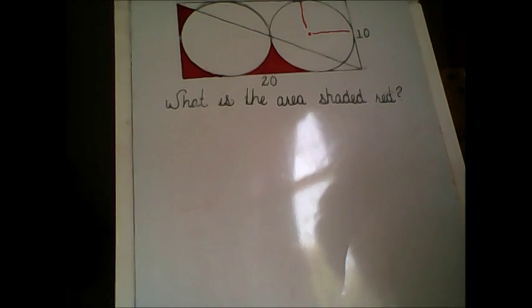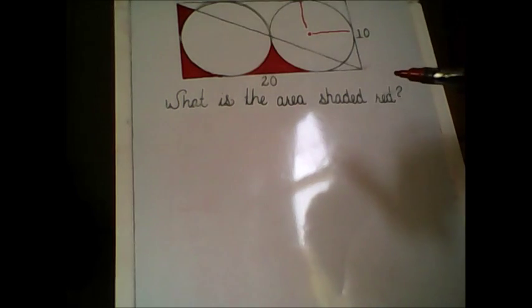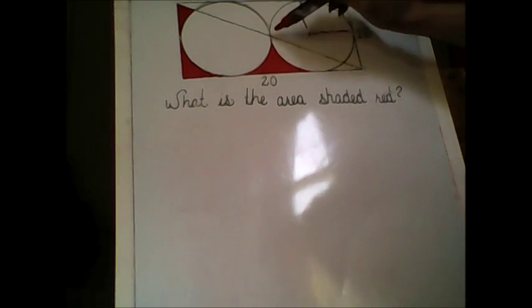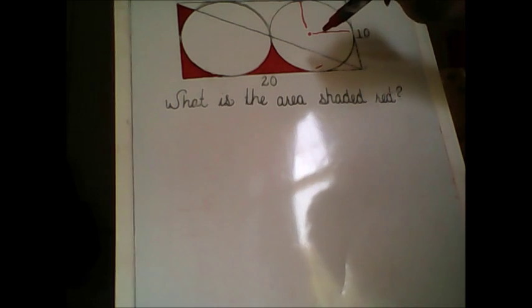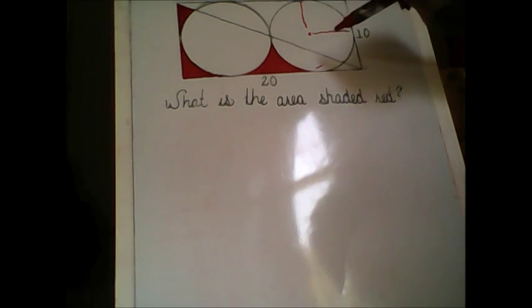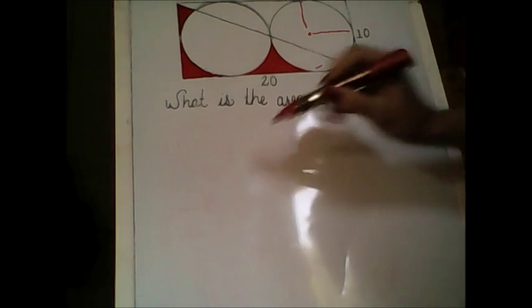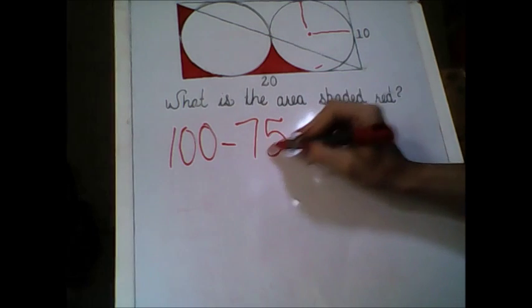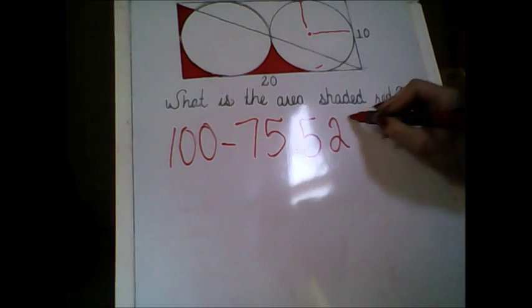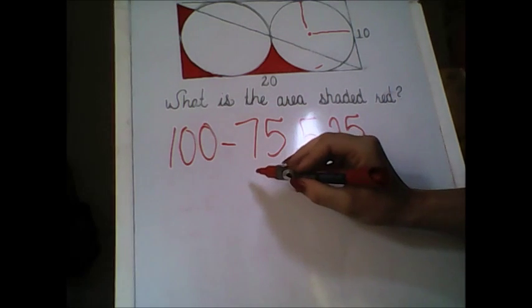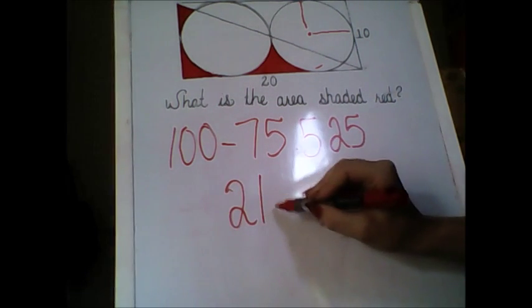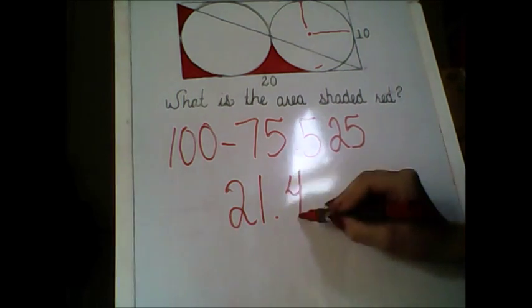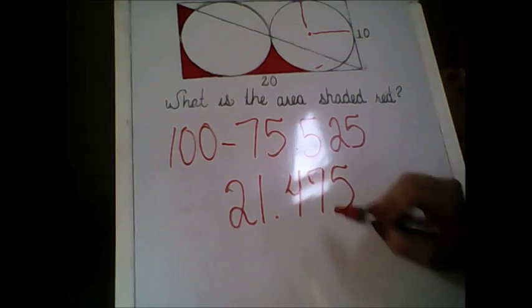So now we have found the area of this whole triangle, which is 100, and we found the area of one of these circles, which is 78.525. Now we want to take these circles out of the whole triangle, because they're not shaded in red. So we take the 100 minus the 78.525, and that comes out to 21.475.